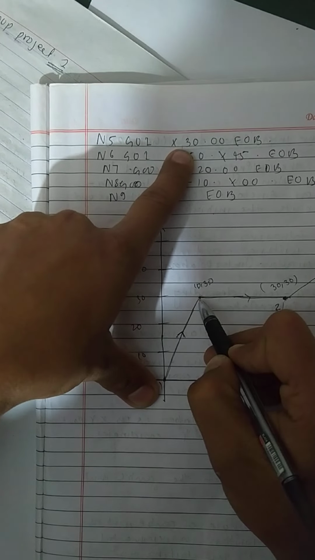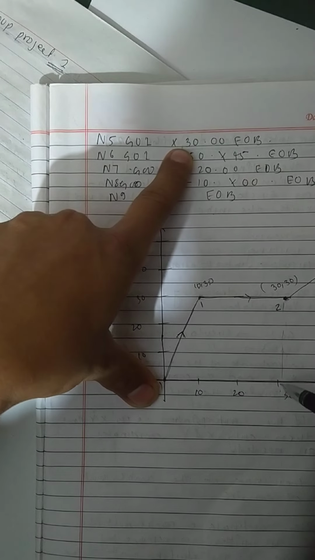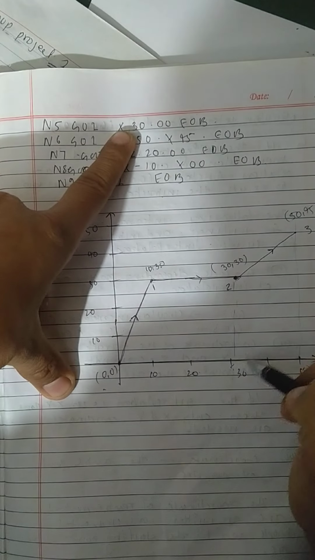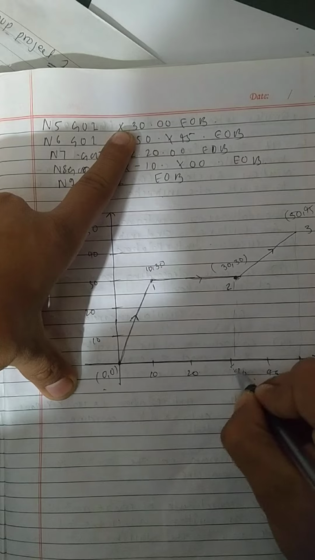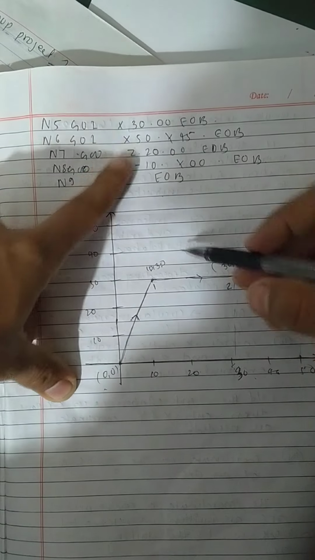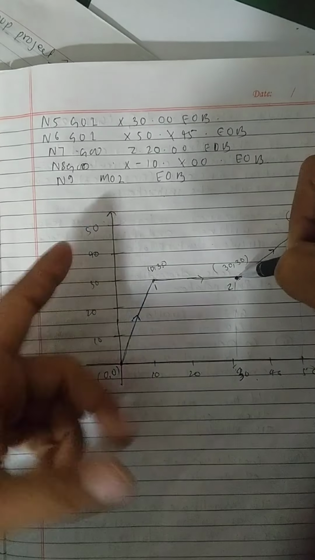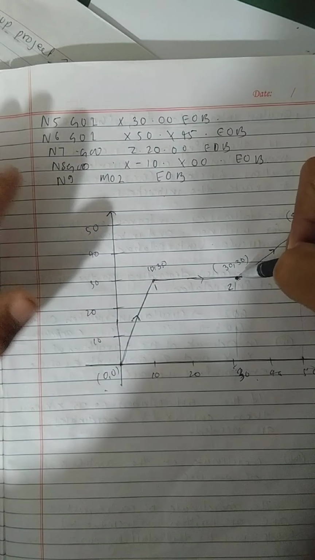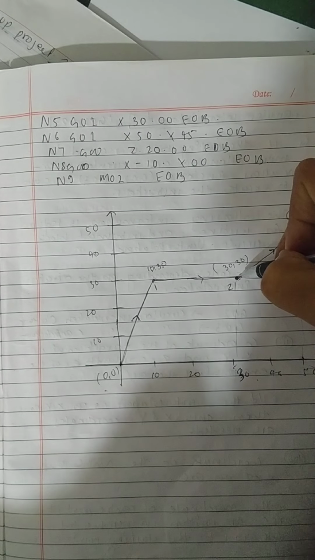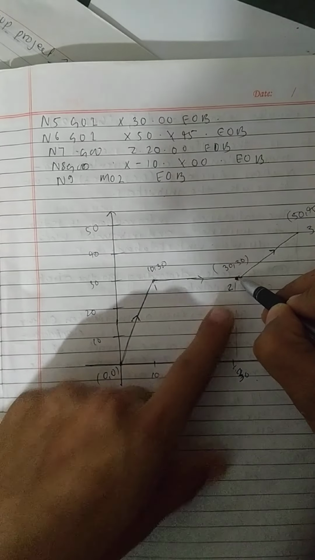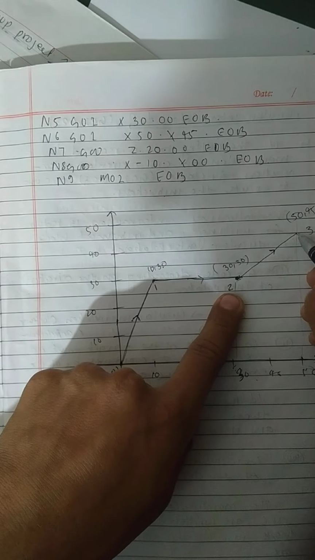Then G01 X30. It moves here. Y remains the same, so no need to give it, because I already gave Y equal to 0 previously. Then now X as well as Y is changing.